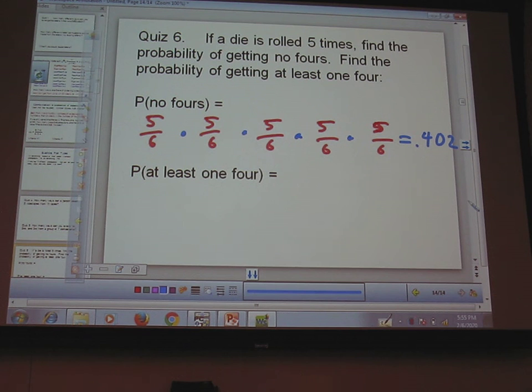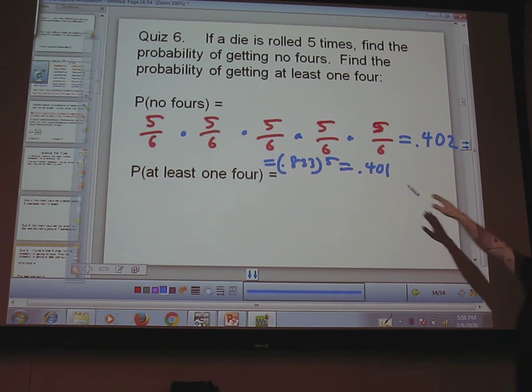But hey guys, if you did 5/6 and got 0.833 and then raised that to the 5th power and then got 0.401, then you're fine if you show that step. Like if you had said equals 0.833 raised to the 5th power equals 0.401, then I would give you full credit.